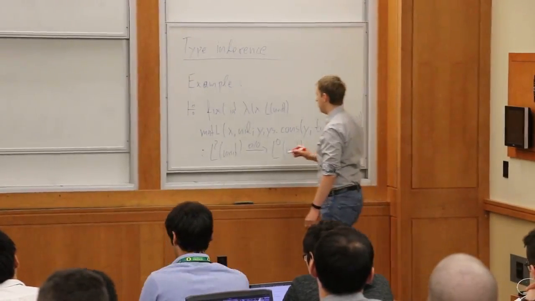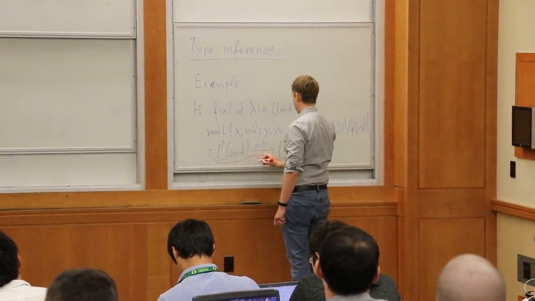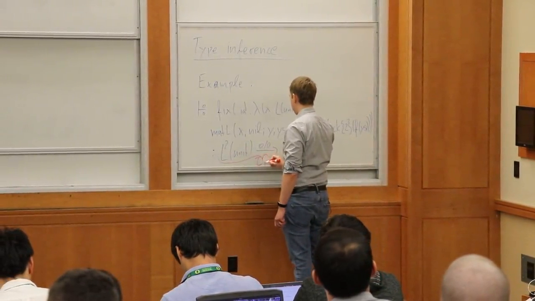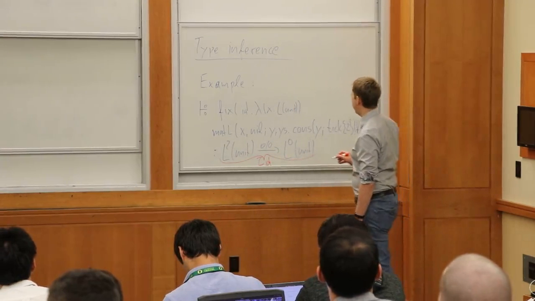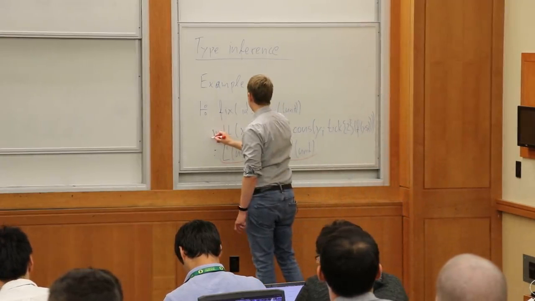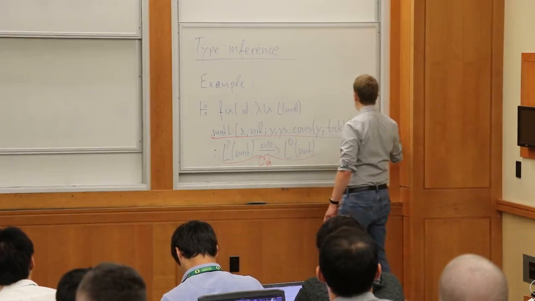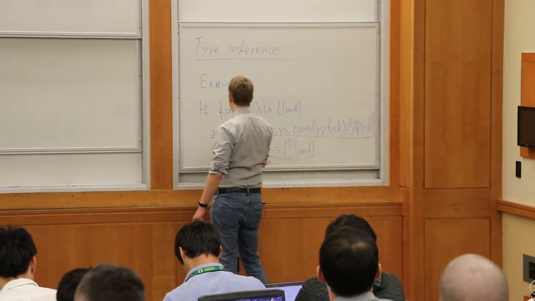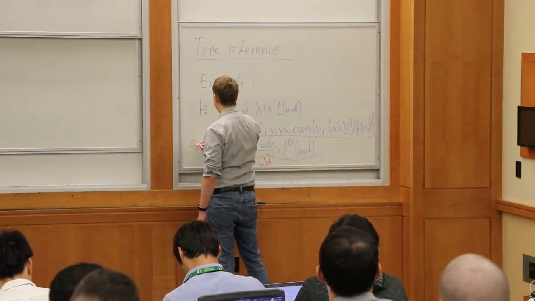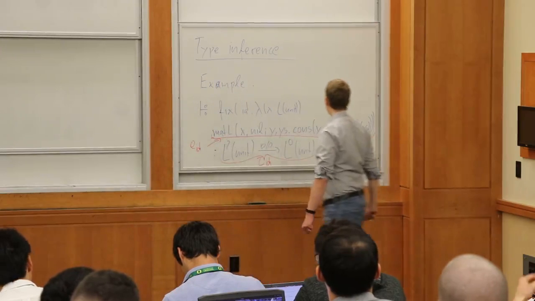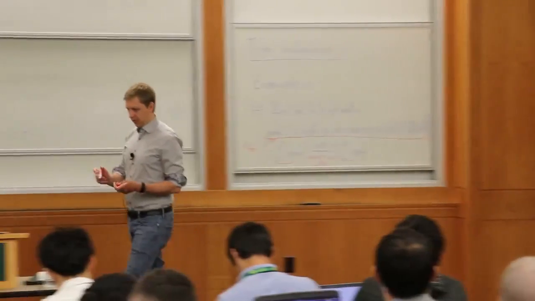Let's call this whole type here tau ID, and let's call this whole thing here, the function body, EID, so that I don't have to write it all the time.